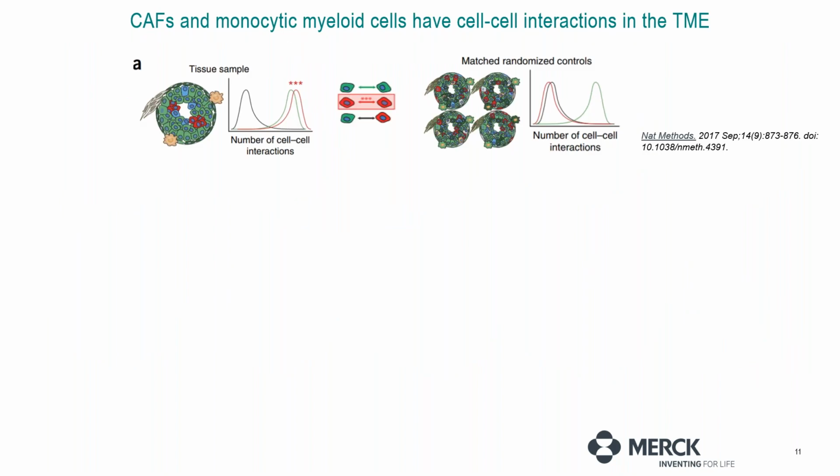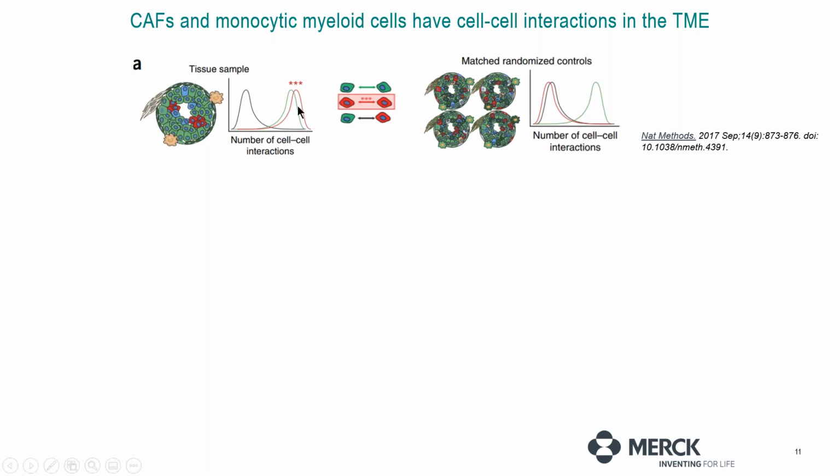We can perform an unbiased and systematic neighborhood analysis by using a permutation test, which is built in HistoCat, to compare the number of interactions between all cell types in a given image to that of a matched control containing randomized cell types.